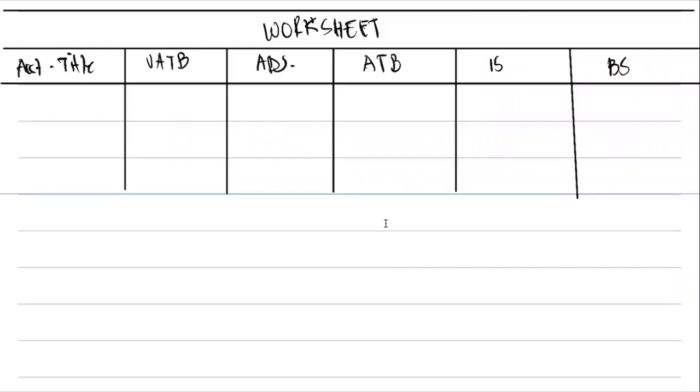We have here your cash at bank, and then we have your accounts receivable. We have your prepaid rent. We also have your prepaid insurance. We have your office supplies inventory.